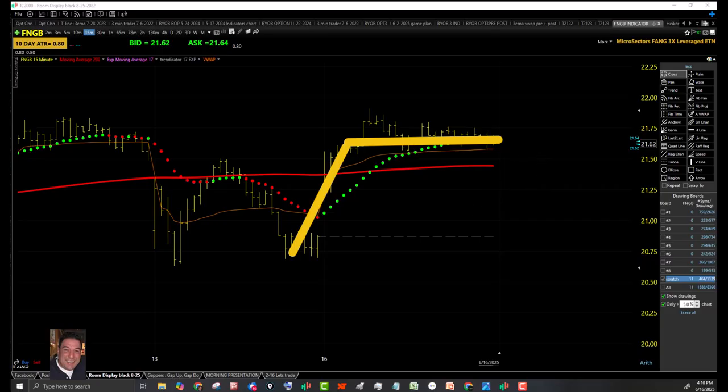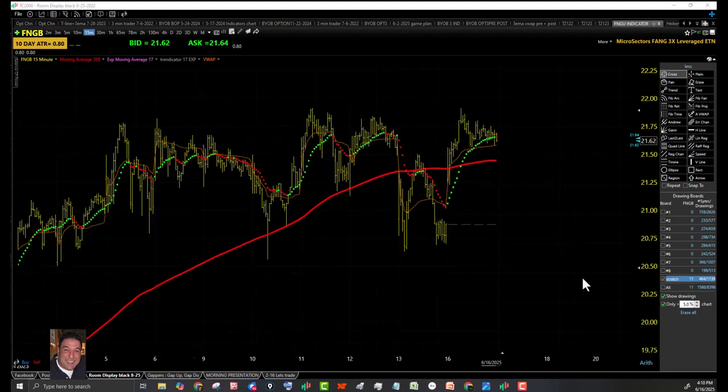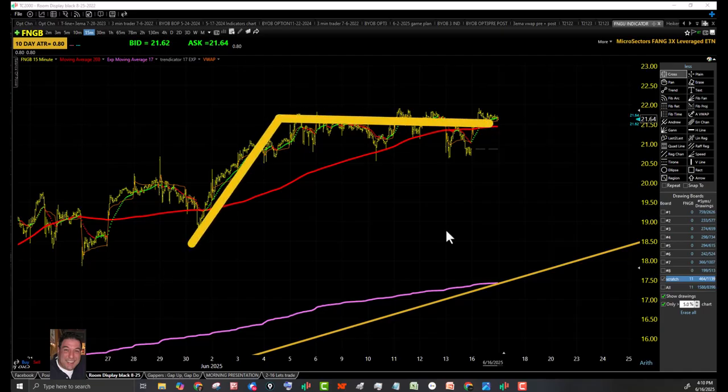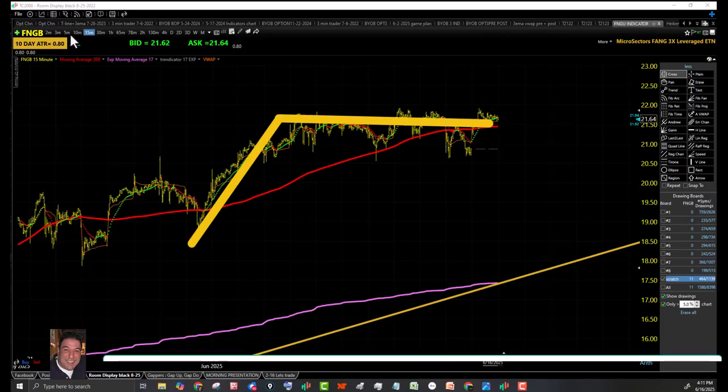That's bullish. Let me pan out some so you can see it. Up over the all-time high, that's bullish. Up over the uptrend, that's bullish. Again, price action moves up, holds all of this higher ground. That's a bullish environment. Okay, FNGB.